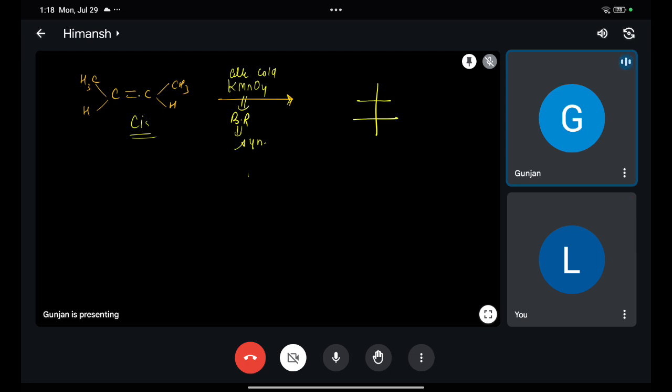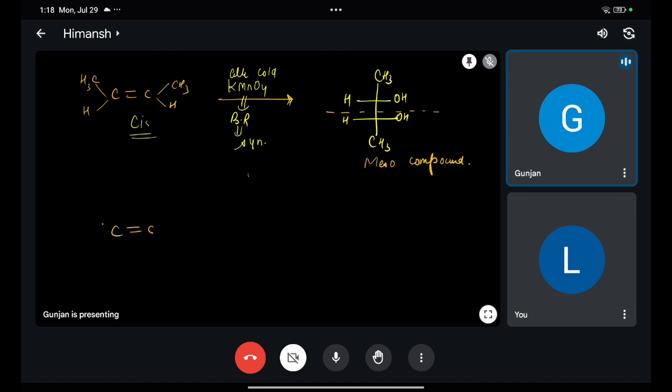This carbon-carbon double bond contains CH3, CH3. Is this a meso compound or not? Tell me. A meso compound has a plane of symmetry, right? Yes, ma'am. That is called a meso compound.